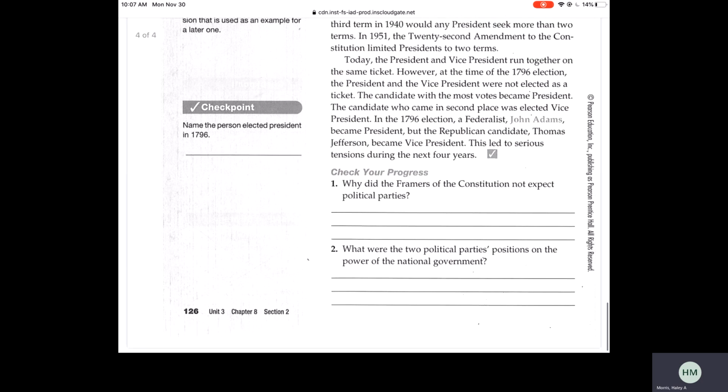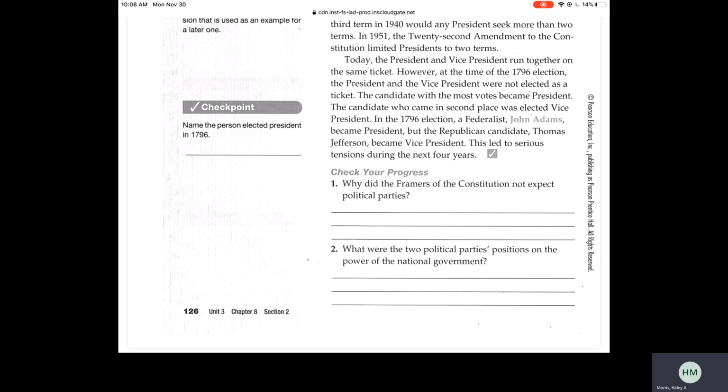Today, the president and vice president run together on the same ticket. However, at the time of the 1796 election, the president and the vice president were not elected as a ticket. The candidate with the most votes became president. The candidate who came in second place was elected vice president.